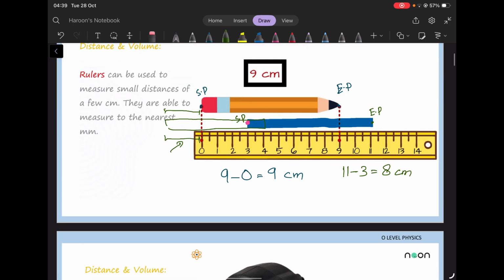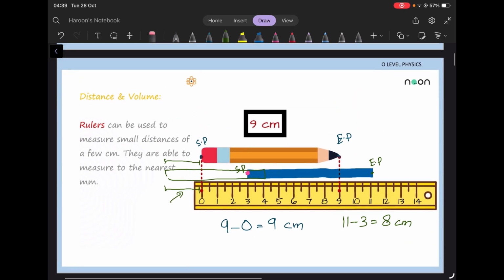Now, this meter rule, there are a few situations in which this is suitable. This is suitable for measuring straight objects, and the general range that we use it to measure would be starting from 10 centimeters.